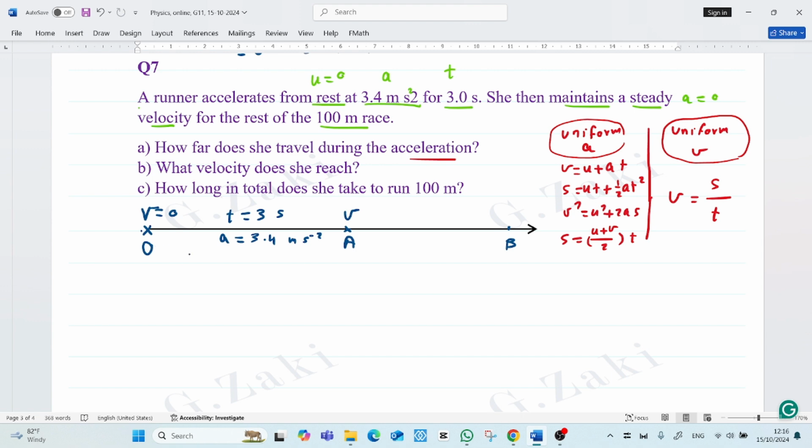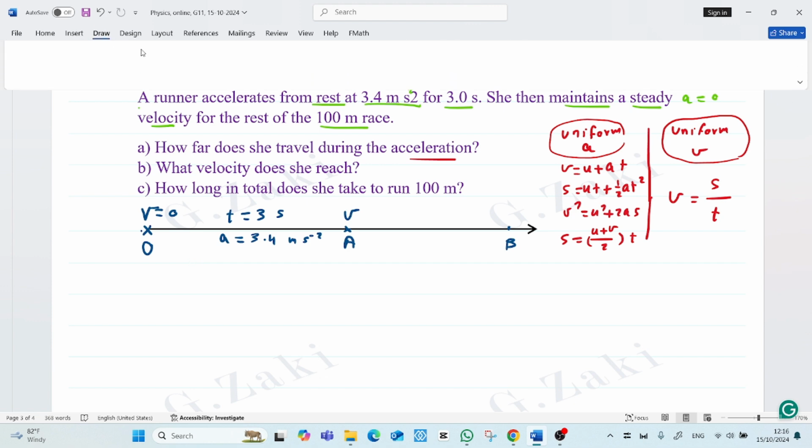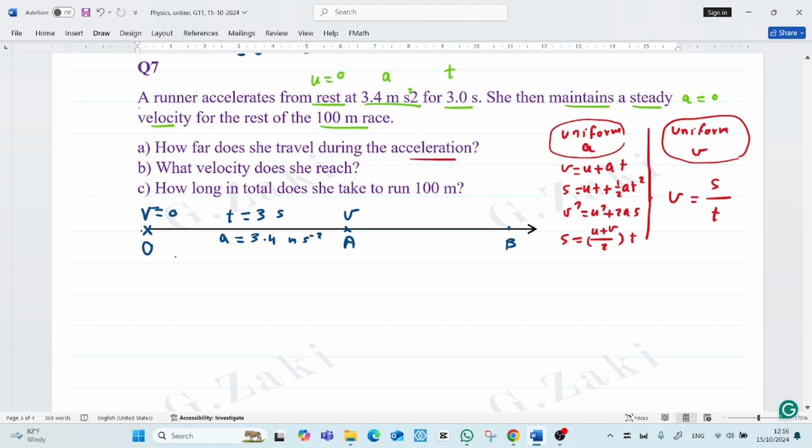It says she then maintains a steady speed. Then in the first interval, from O to A, it is uniform acceleration. In the second one, it is a steady speed, so it is uniform velocity.